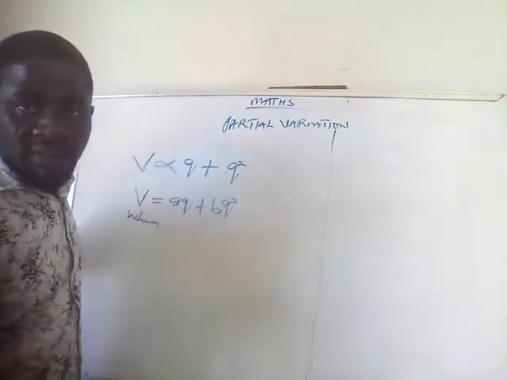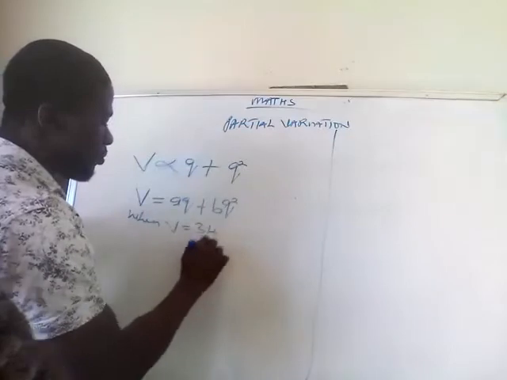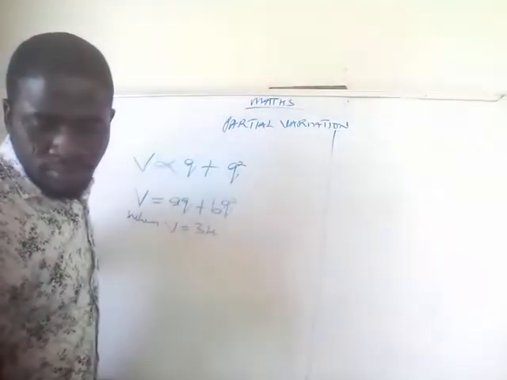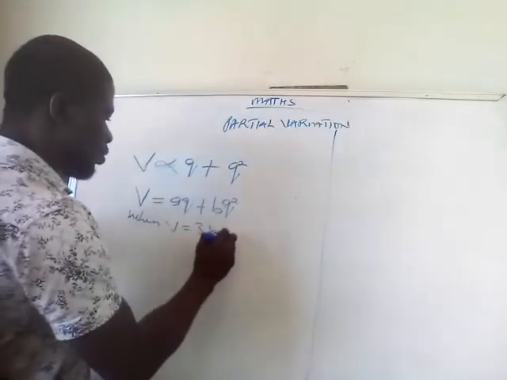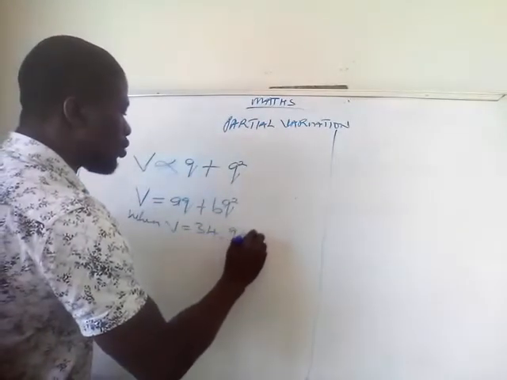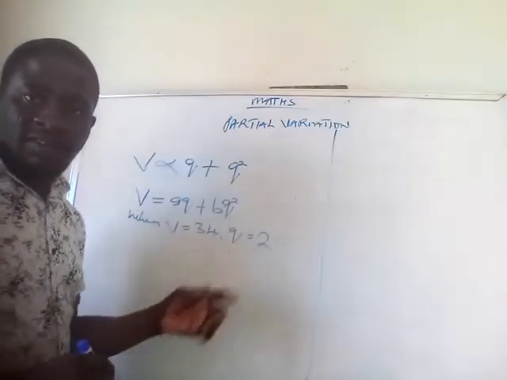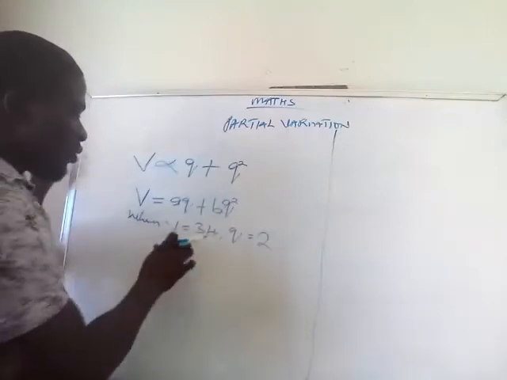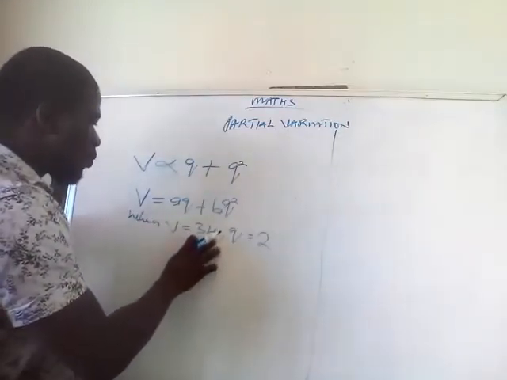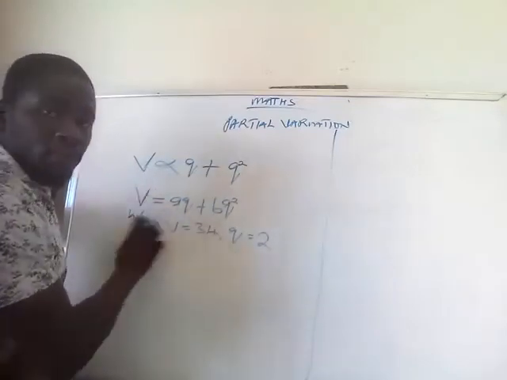When v equals 34, q equals 2. We will do this one first, then the second one. When v equals 34, you remove v and put 34.